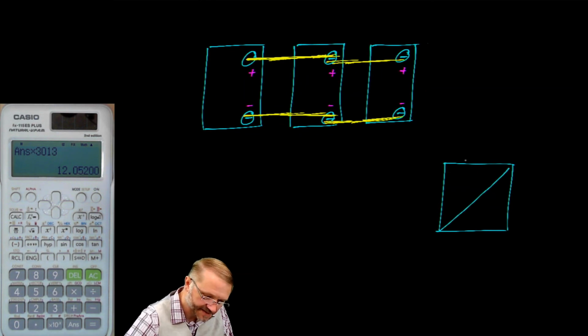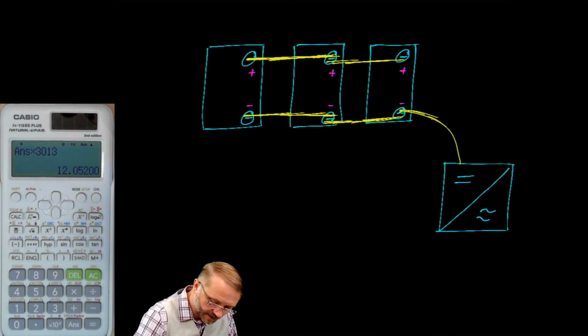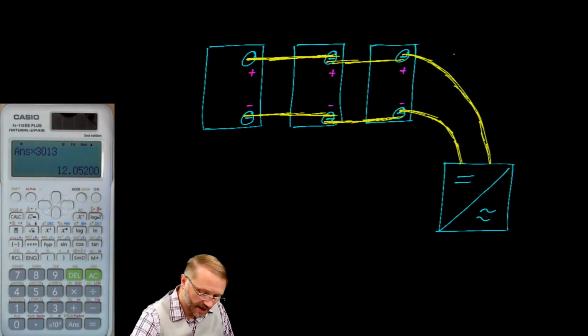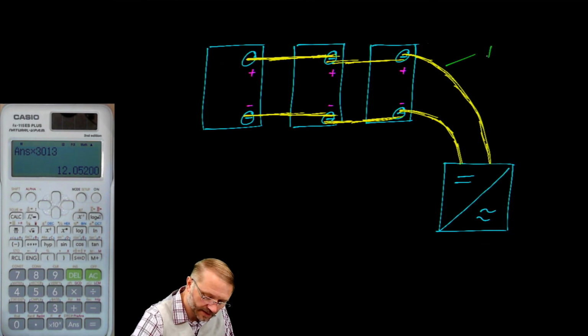In this case, a DC to AC inverter. We'll let this be the heavy cable for the negative terminal, and this the heavy cable for the positive terminal. We use heavy cables to prevent something called I²R loss.